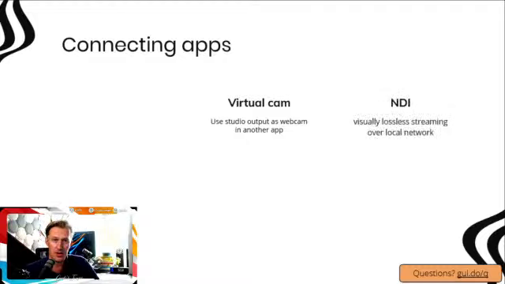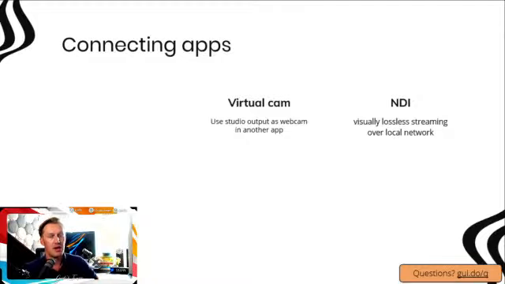The other one, also locally, is NDI. This lossless streaming over your local network is really good. You can basically use multiple computers as a source and bring them together on another computer. So I can have a laptop downstairs, open the webcam there, and use NDI to stream it over my local network.